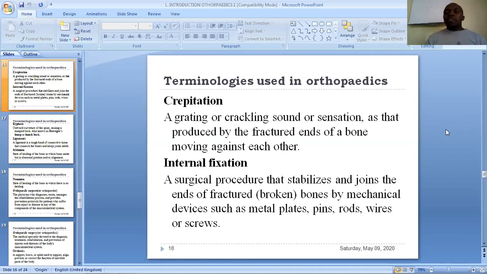Mostly, internal fixation is done in combination with open reduction. If closed reduction and the application of a cast cannot be done, then a surgical team will think about performing open reduction that will be followed by internal fixation.